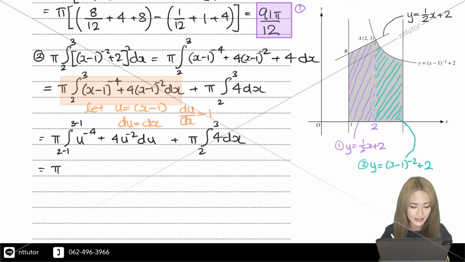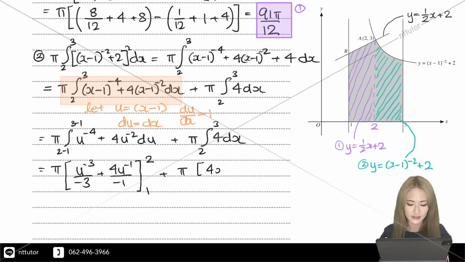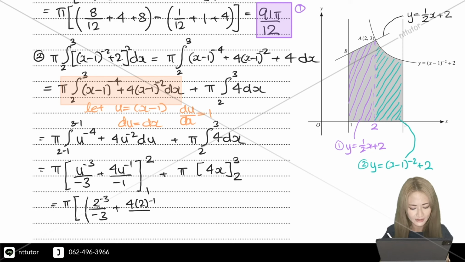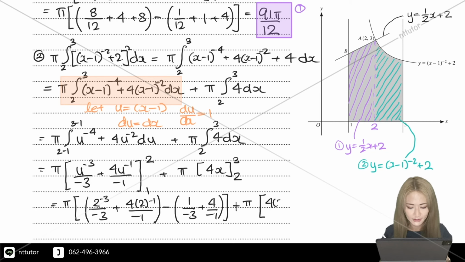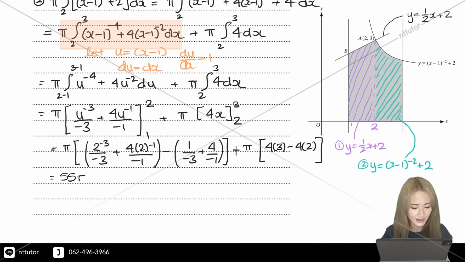So if we integrate that normally, by adding 1 to the power and dividing by the power, this is what we get. And the integral of 4 is just 4x. And that is still from 2 to 3. So if you substitute the values corresponding to that, then add them up together, that's 55 pi divided by 24 plus 4 pi, which adds to give 151 pi over 24.